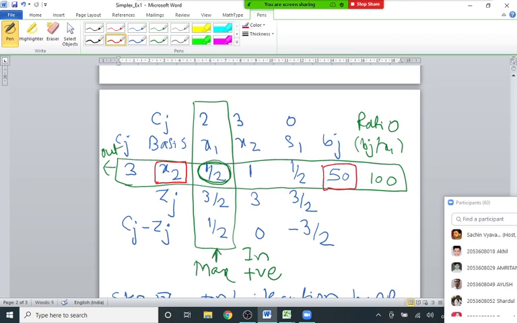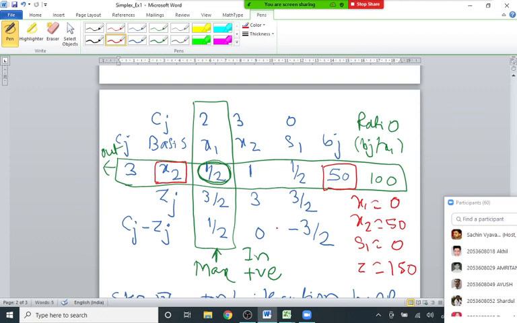So in this table the value of x2 is 50, but x1 and s1 are non-basis variables, they are not in the basis. So x1 should be 0, and s1 is also 0. And what is the value of z? 2x1 plus 3x2 is 150. So in this table we have the value of z as 150.